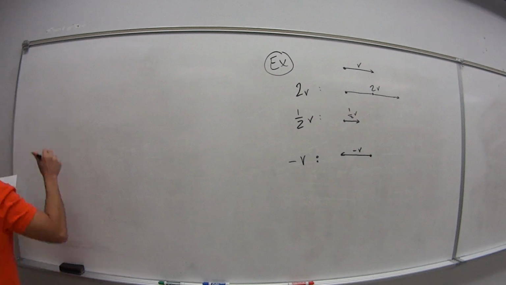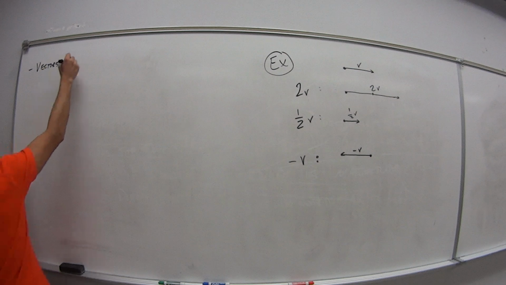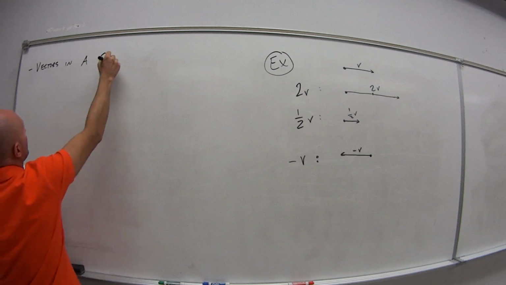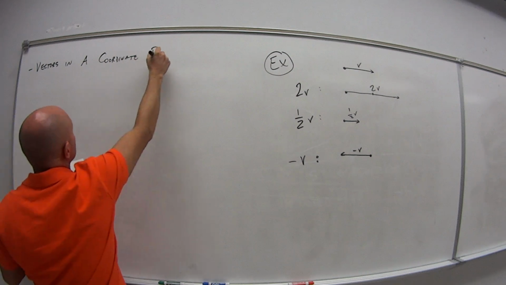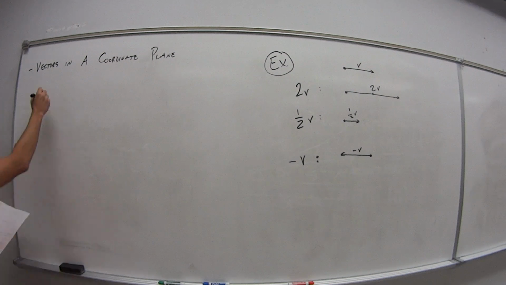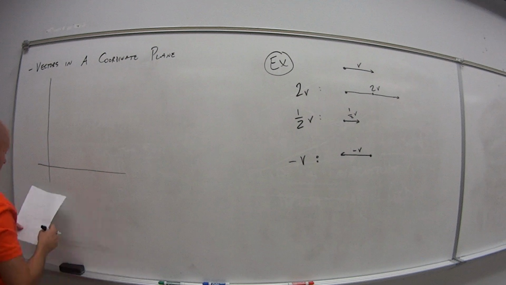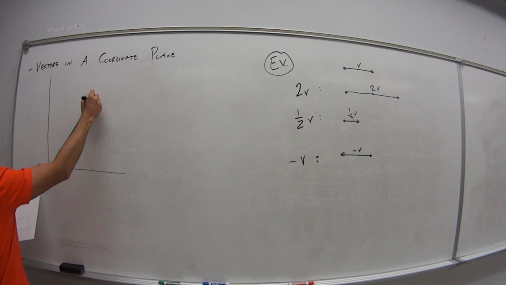The next idea we're going to look at is vectors in a coordinate plane. Let's say we have our xy plane, and we have some vector.